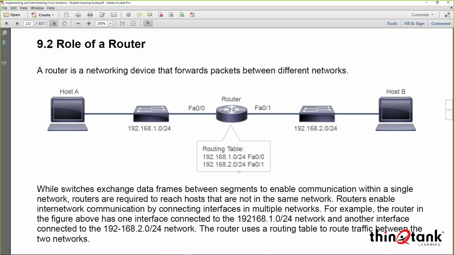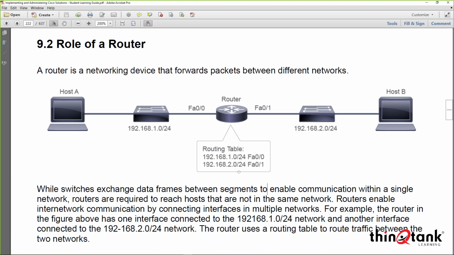Now that could be a directly connected route, which it would be in this particular case, or it could be a dynamically learned route from a routing protocol or routing process, or it could be a static route, which is a route that you define as an administrator. So there are 3 fundamentally different types of routes in a router.